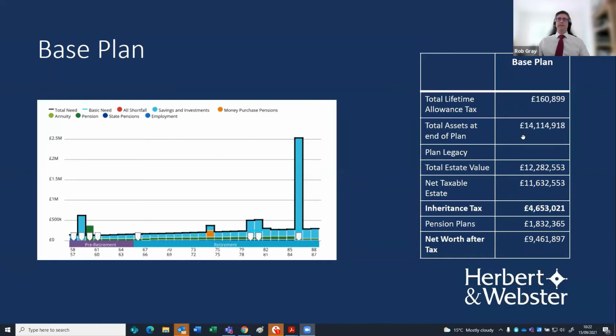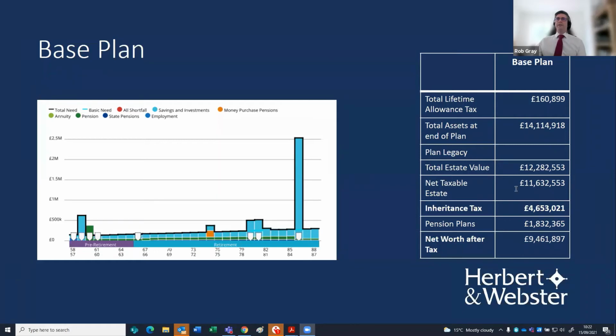And you can see, yes, lifetime allowance tax would be 160,000. The total value of his assets at the end of the plan, presuming the default growth rates that we've used, would be 14 million. His total estate value is 12 million. That's the value of the plan less his defined contribution pensions, which sit within their own trusts.